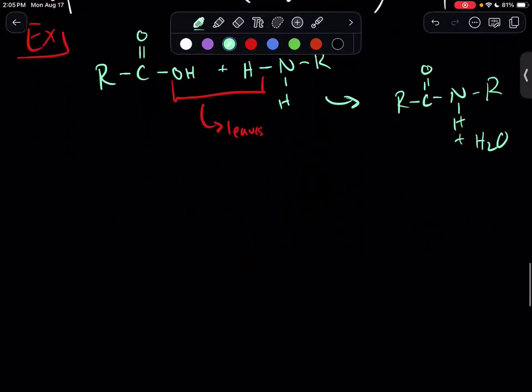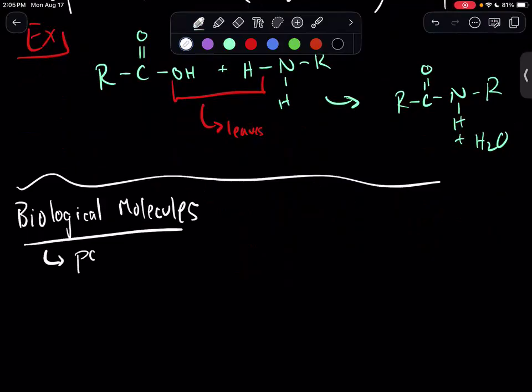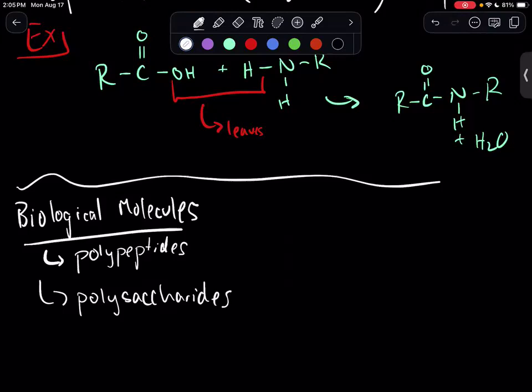Now, the last thing that we're going to go over, and it's still going to take a bit of time, are biological molecules. Now, all biological molecules are also produced via condensation, and we have 3 that we're going to focus on. Polypeptides, polysaccharides, and polynucleotides.